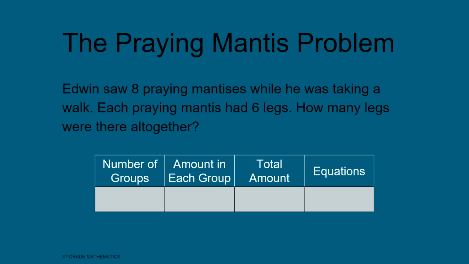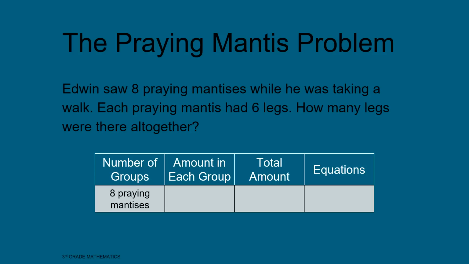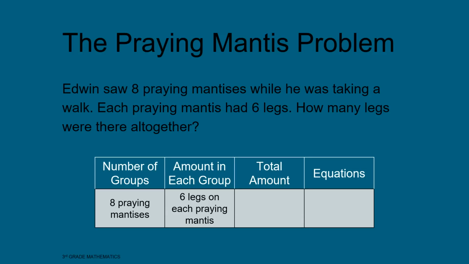Thanks, Mrs. Smith. We've been learning this year that multiplication is equal groups of things. In the praying mantis problem, we knew how many groups there were. The groups in this problem are the 8 praying mantises. We also knew the amount in each group, which is the 6 legs on each praying mantis. What we did not know was how many total legs there were.